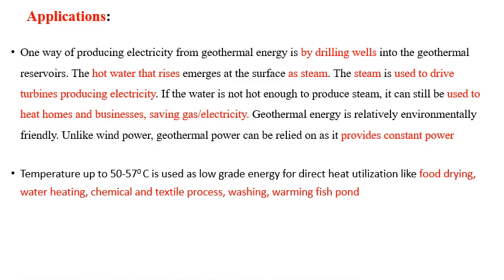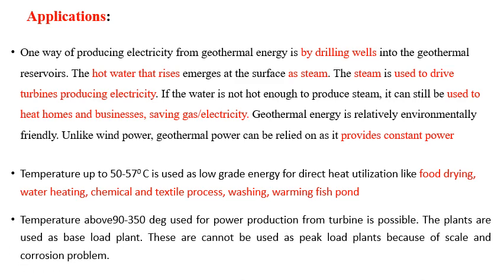And in the chemical or textile industry, where the yarn or the pulp has to be soaked, this temperature is enough. For washing clothes or utensils, generally 60 degrees is enough, even for warming the fish pond.